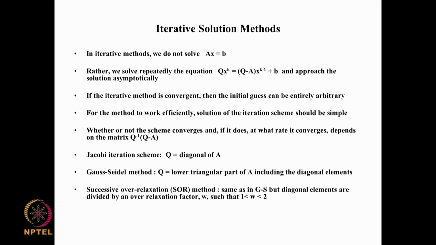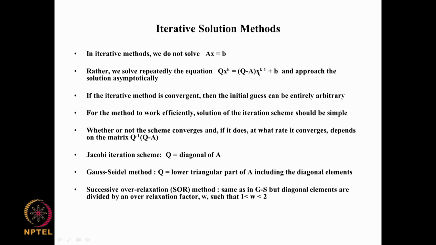In the next class we are going to work this out for some practice problems, so that we know exactly how to construct Q and how to solve this equation Q x_k equals Q minus A times x_(k-1) plus b, and we will also devise a method by which we can test whether this method is going to work, and a method by which we can stop this iterative scheme, that is, exactly after how many times do I have to iterate.